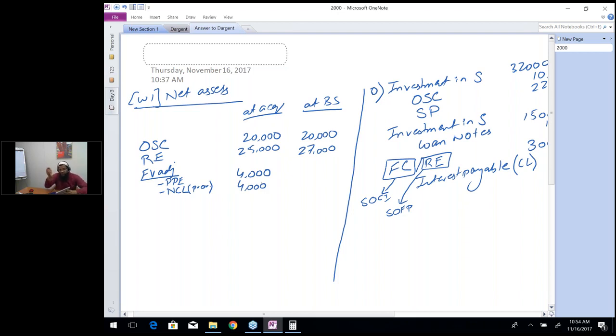The increase in asset, property, plant, equipment will increase my net assets. And the increase in liability will decrease the net assets. So that's why I'm going to write this 4,000 as a negative. Provision credit will increase the provision and decrease the net assets. So that's why we are adding 4 and then deducting 4. So the net impact is 0.